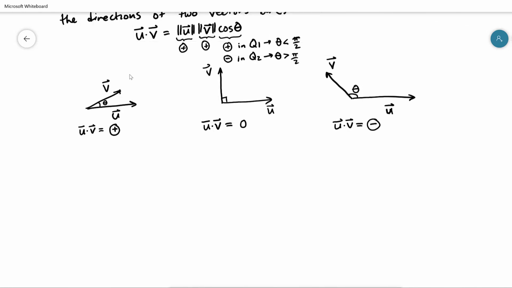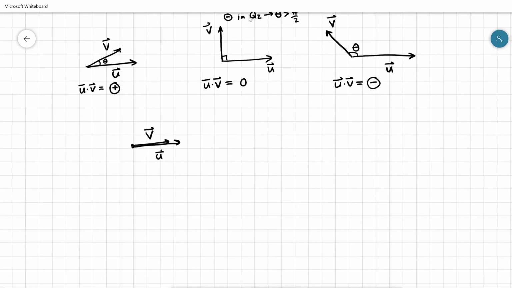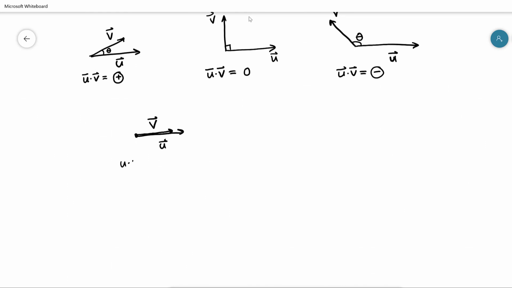If I draw, here's u, and here is also v, pointing the same direction, even if it has a different magnitude, that angle theta is 0. And what is the cosine of 0? It's 1. It's as big as cosine ever gets. So in this case, u dot v would be positive, and it would be its absolute maximum possible value.